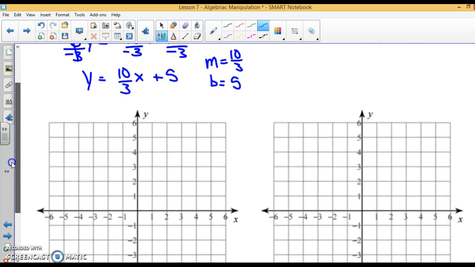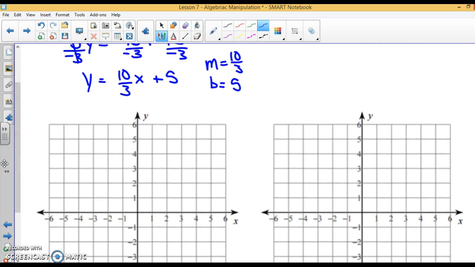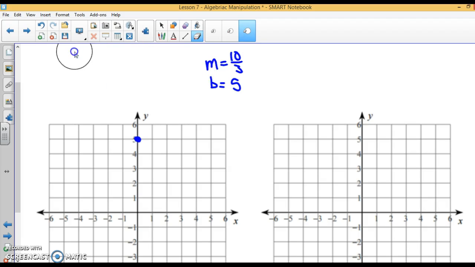Now, we have a grid here. This grid is not an awesome grid for this particular problem, but I'm still going to graph it. My y-intercept is 5. My slope is 10 thirds. So I'm going to go up 10 and over 3. If I counted up 10, I'm going to be way up here somewhere, over 3.